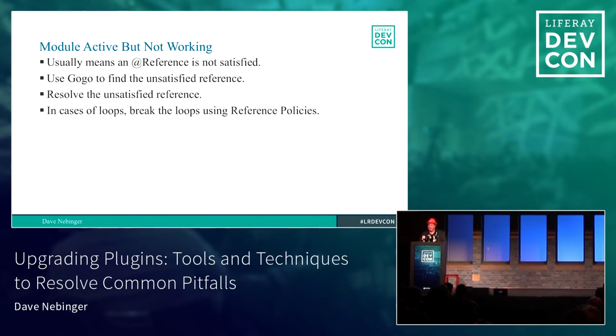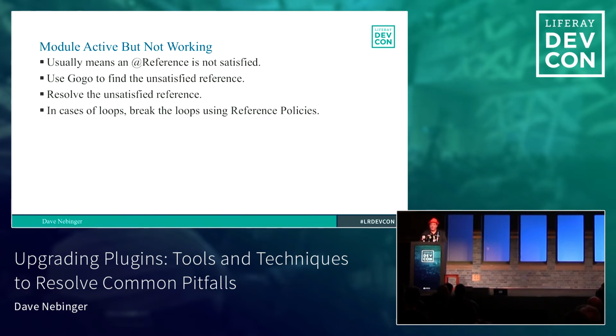So again, you're going to use scr:list, scr:info, and dm wtf to find out where those things are. I also understand we're coming out with some additional tooling for Gogo to provide an unsatisfied command that's going to help identify these guys so you can find them quicker.